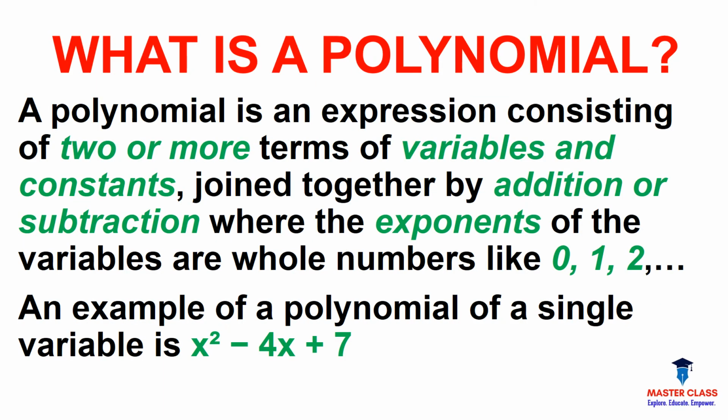What is a polynomial? A polynomial is an expression consisting of two or more terms of variables and constants joined together by addition or subtraction, where the exponents of the variables are whole numbers like 0, 1, 2 and so on. An example of a polynomial of a single variable is x squared minus 4x plus 7.